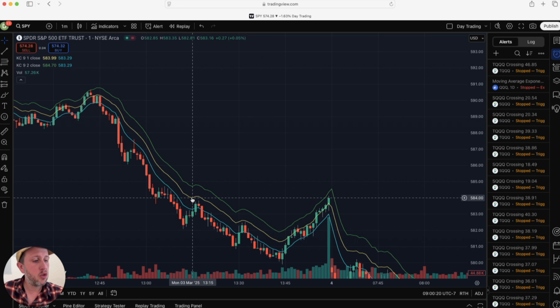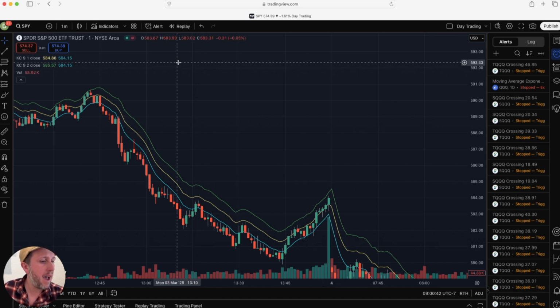This line is 1 ATR above the 9 exponential moving average, which is the average true range, like when the stock moves, how far does it typically move in one average range. And then the second line above is the 2-period ATRs, like if it were to get extended to 2 times the average true range.